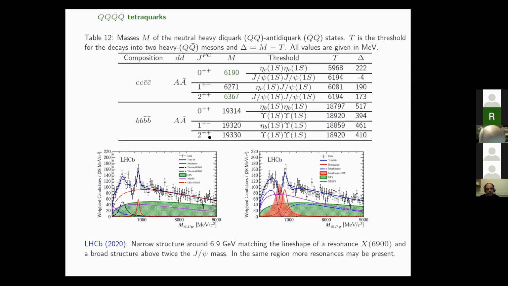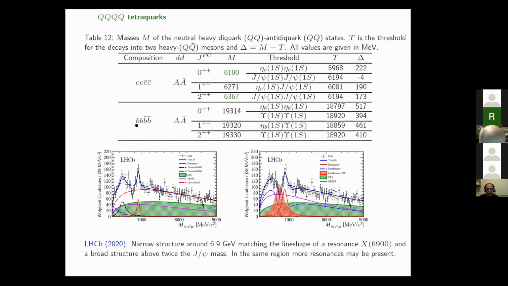Here we give the quantum numbers, the predicted masses, the thresholds, the values of the threshold mass, and also the difference between the mass and the corresponding threshold. And as we see from this table, all the predicted masses of such tetraquarks are located significantly higher than the lowest thresholds.